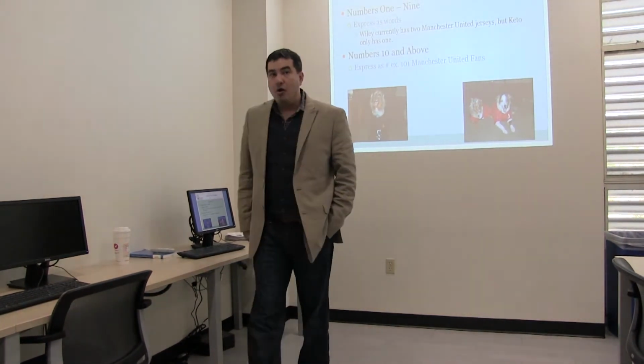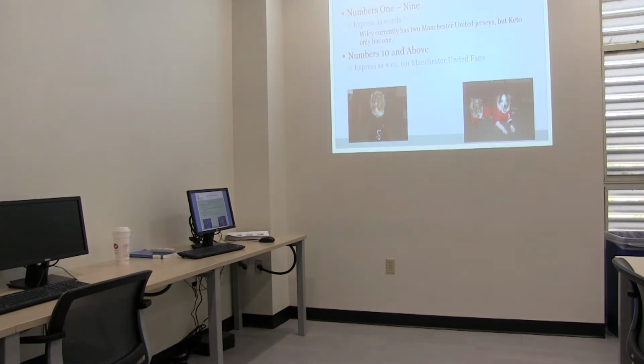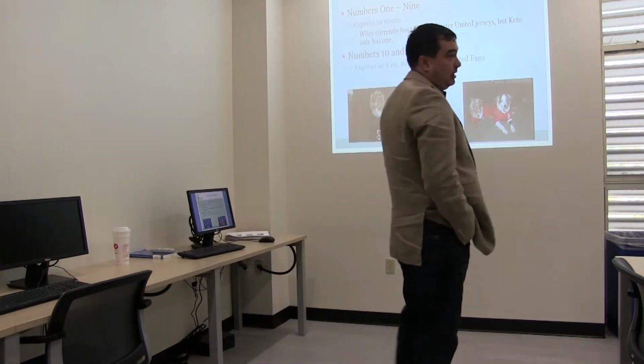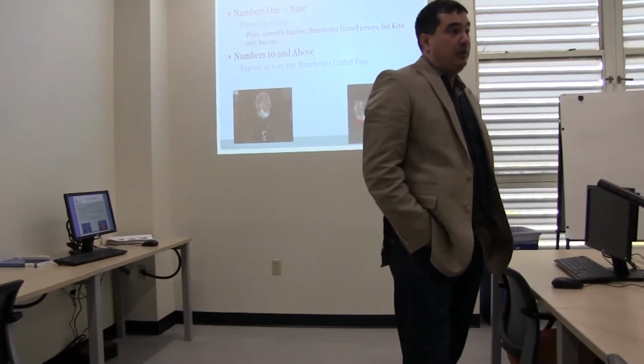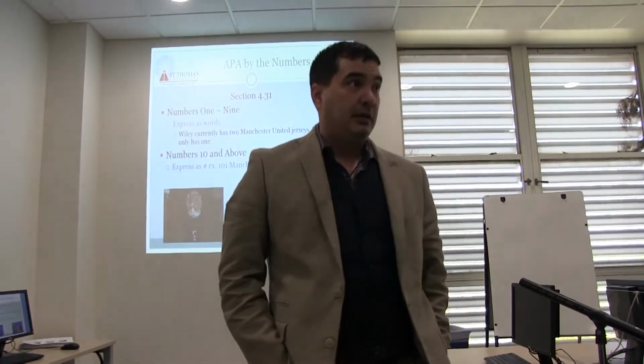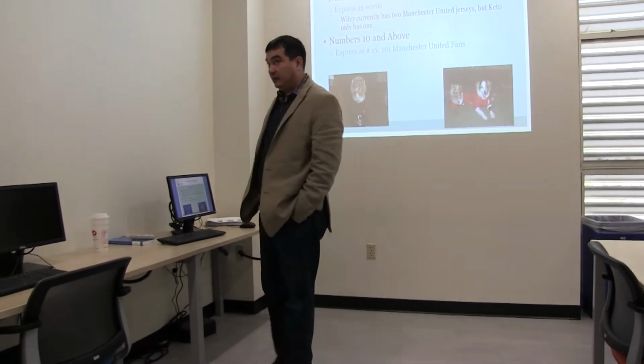There are no exceptions to this. Well, I shouldn't say no exceptions. There is one exception, which is that you do not start a sentence with a number. So if it was 10 students came to the APA session, I would write out the word ten, not write the number 10. That is the only exception to the rule. Otherwise, it is always like this.